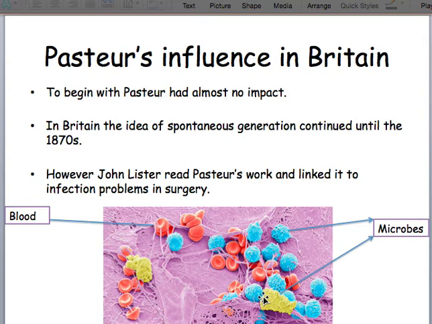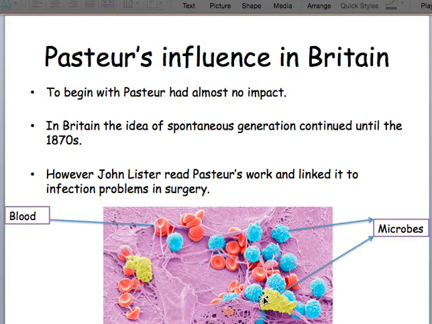It's some time in the future, from Pasteur's time, that scientists were able to look at these different microbes and identify which ones cause specific disease. At this moment in time, in the 1860s, people were looking under the microscope and could just see a huge array of microbes, and not all of them will cause disease.